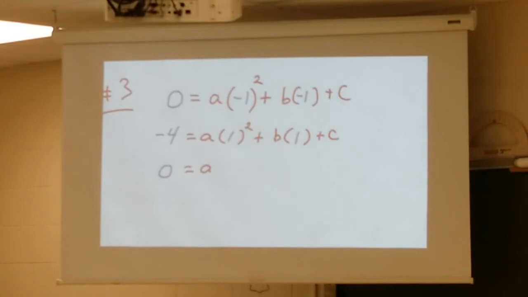Make sure you do what's helpful to you. You can look up here, but I encourage you to think about at least doing one of these on your own. But I am just plugging in each of those 3 points for x and y.